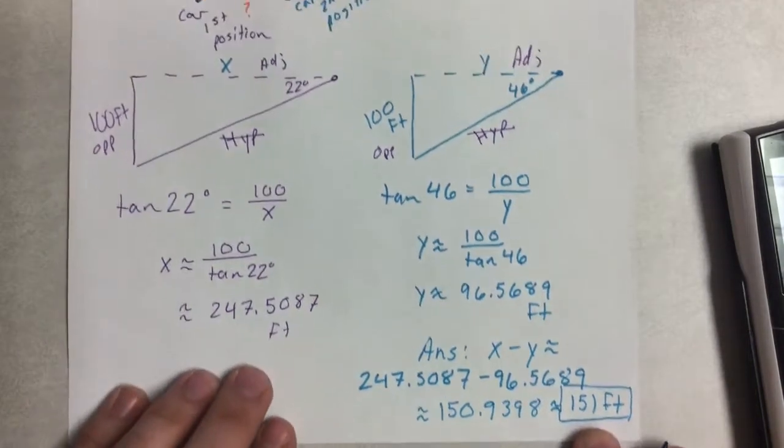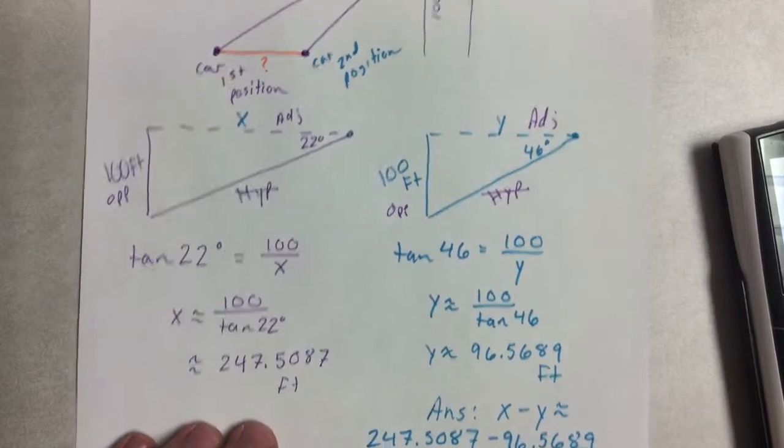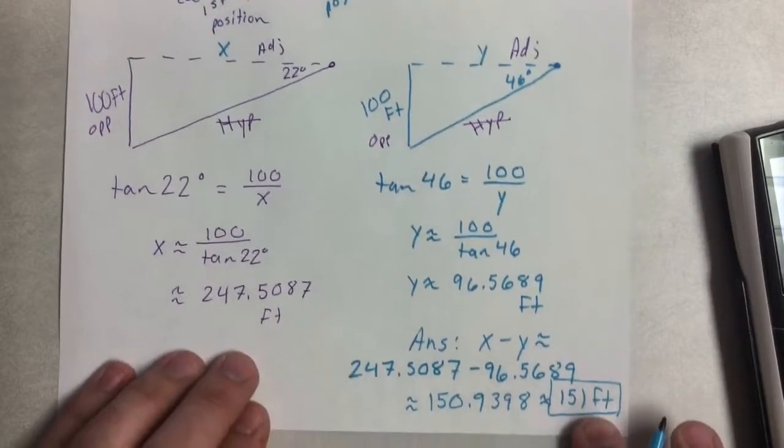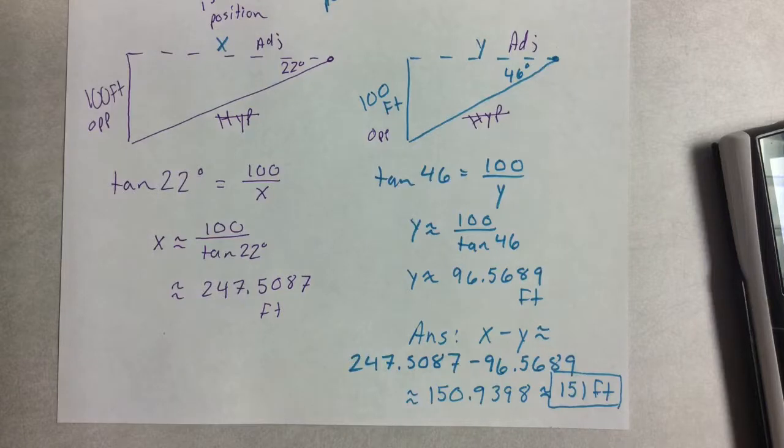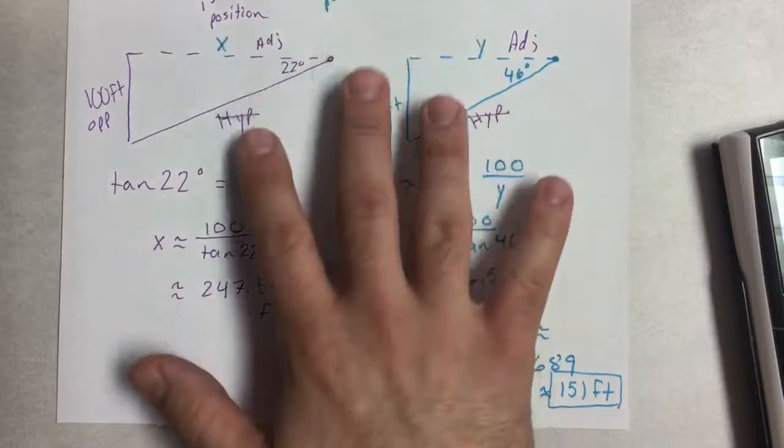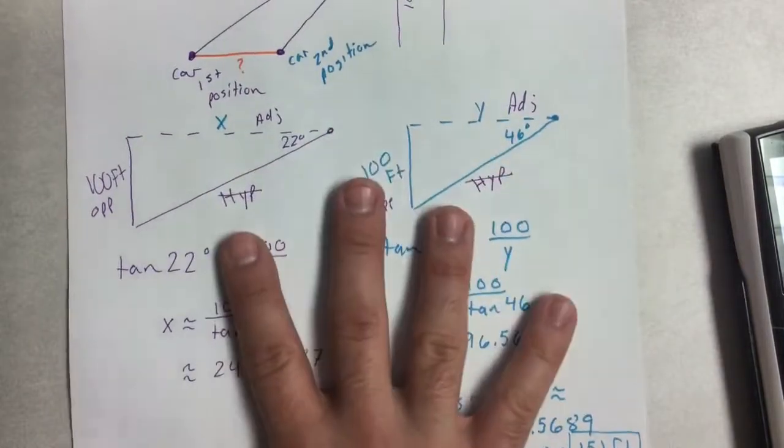So when we are examining angle of elevation, angle of depression, or just indirect measurements in general, if we have two angle measures, I encourage you, look at those two angle measures as if we have two triangles.